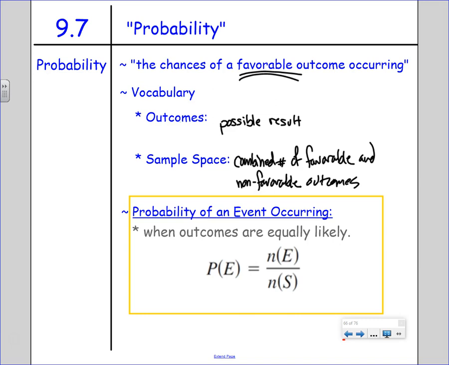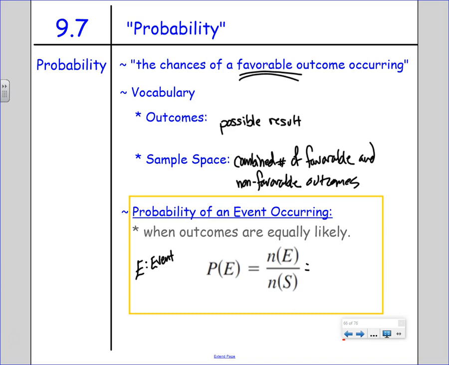But in general, as we talked about, section 9.7, small numbers, fractions, etc., because when we're finding the probability of an event occurring, think about favorable outcomes for a certain event or a certain condition.